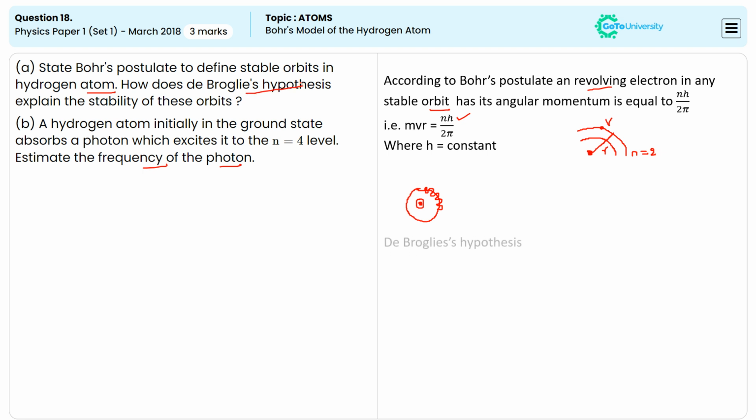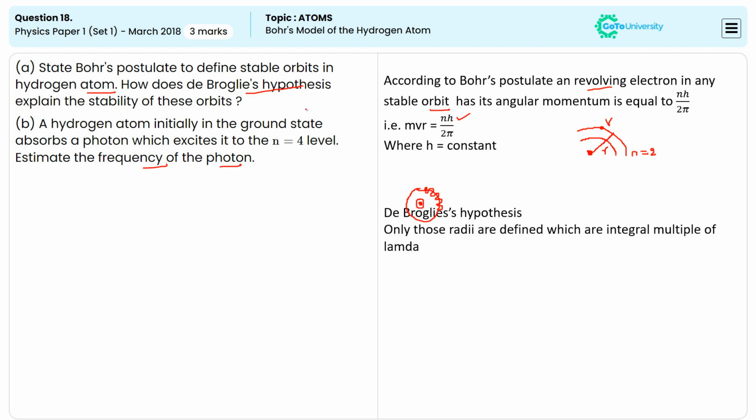According to de Broglie's hypothesis, only those orbits are allowed whose circumference is an integral multiple of lambda. Then the circumference 2 pi r is equal to n lambda. This is de Broglie's hypothesis.